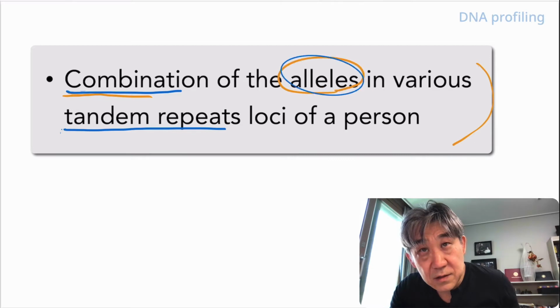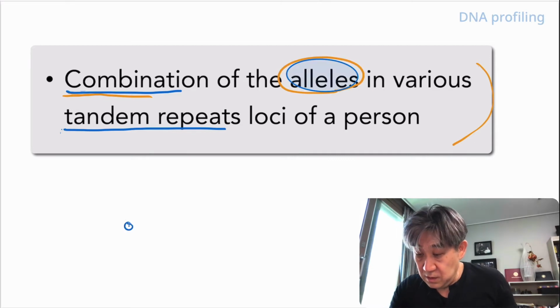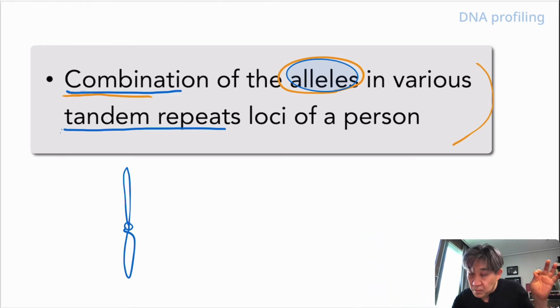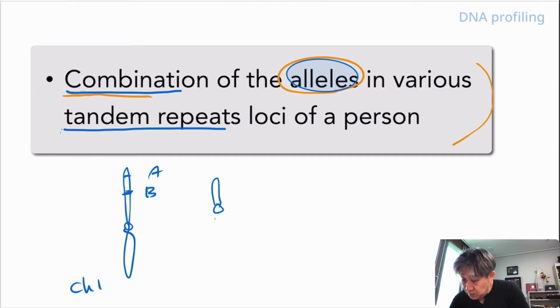All these alleles mean that even in a given chromosome, you may have tandem repeats, one kind of tandem repeat, A, here, and you may also have another tandem repeat of a different sequence, B, over here. If this is chromosome number 1, in the case of chromosome number 2 you may have another such tandem repeat, let's say C, and there is another, D. This is the case of chromosome number 2.